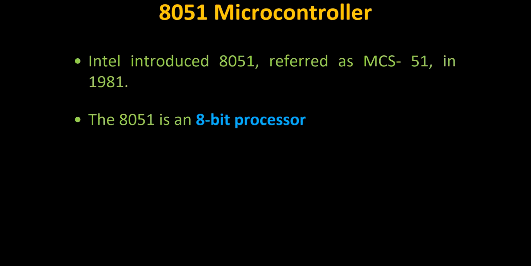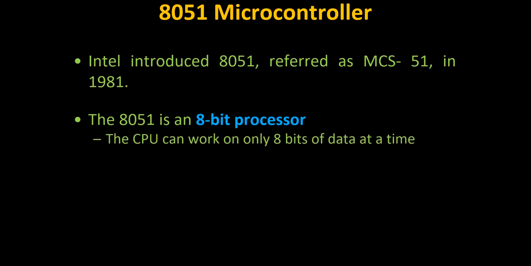If the processor works on 16-bit data, it is a 16-bit processor. If the processor works on 32-bit data, it is a 32-bit microcontroller. For example, the ARM controller is also a 32-bit microcontroller because it works on 32-bit data.